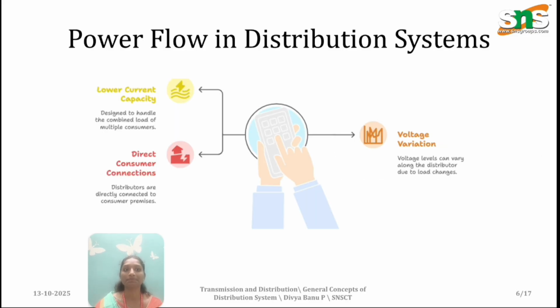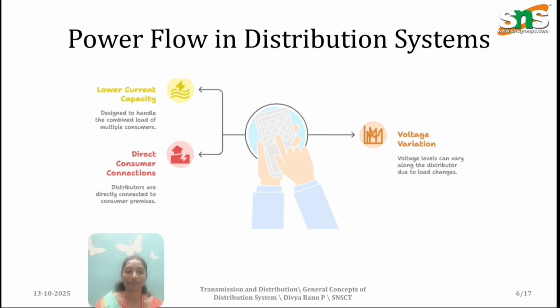Next come the service mains, before which we have to learn about low current capacity direct consumer connections. What will happen when we give the connection directly to the consumers? The distributors are directly connected to the consumer premises. Voltage variation means the voltage level can vary along the distributor due to load changes. When the load changes, the voltage also varies. The low current capacity is designed to handle the combined load of multiple consumers.